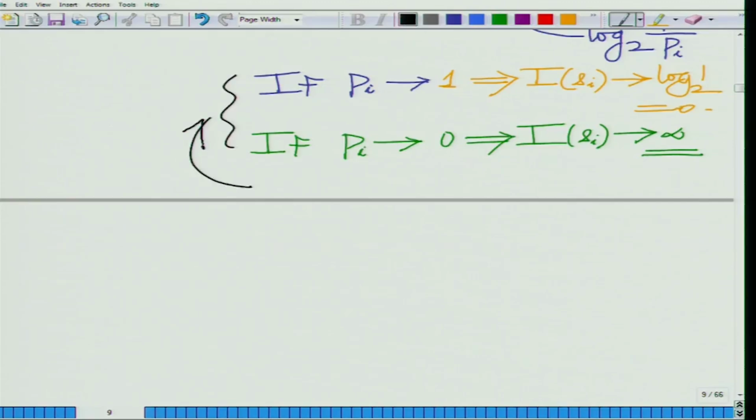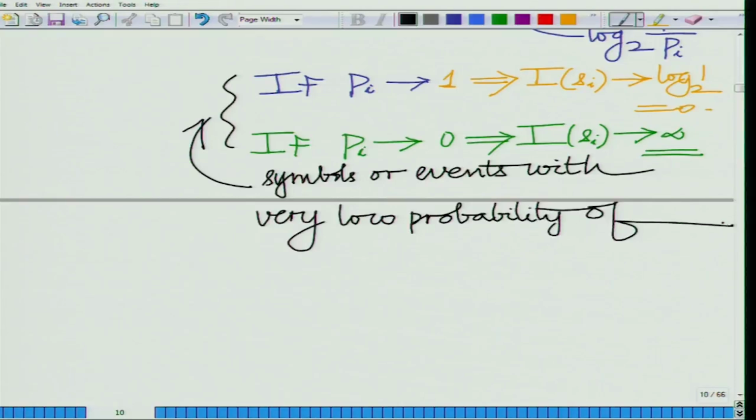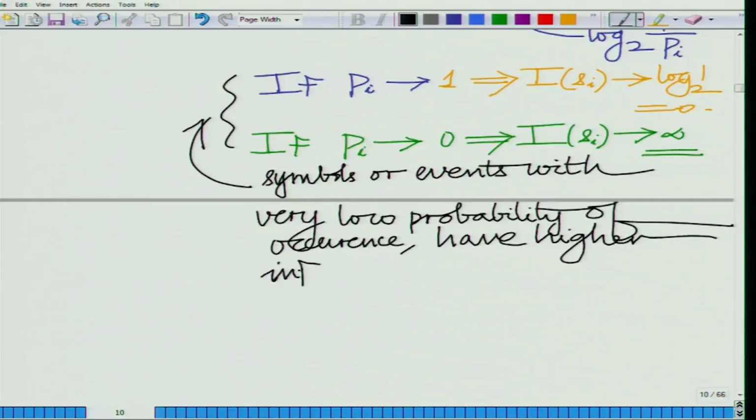So, symbols or events with very low probability of occurrence have higher information content.